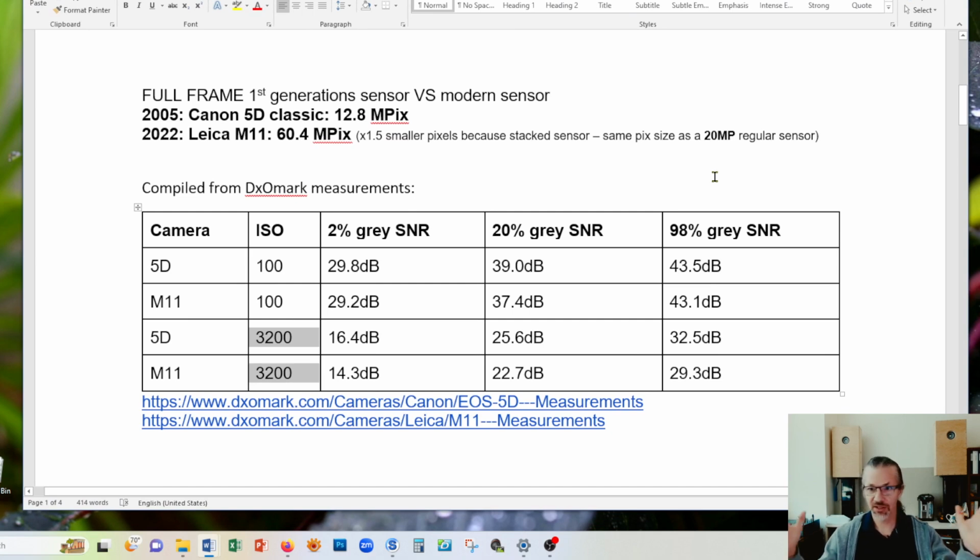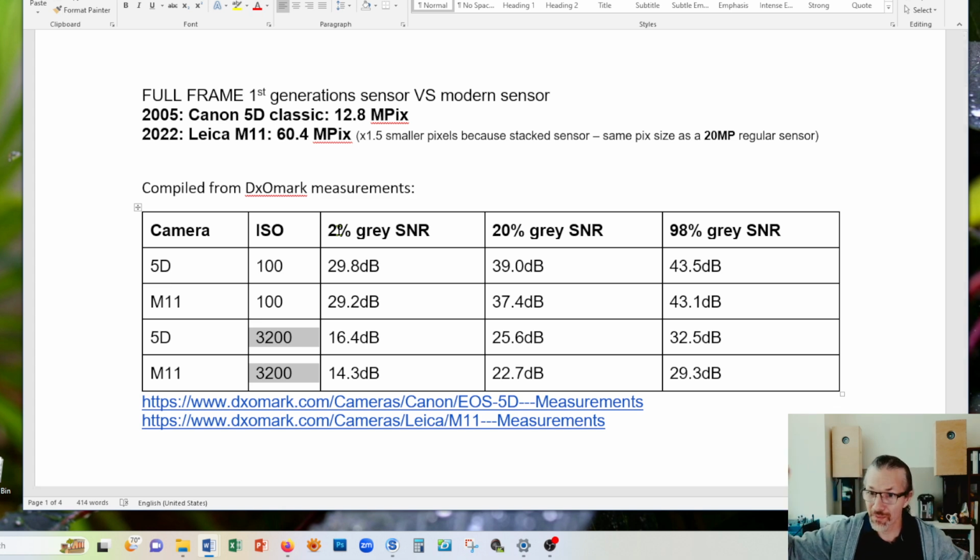but not as much as you would like in an extreme, like a broad daylight shot, with the sun in the screen and the darkest shadows in the same photograph. There we drop to way below 2% value, and there the M11 would capture the whole range better.